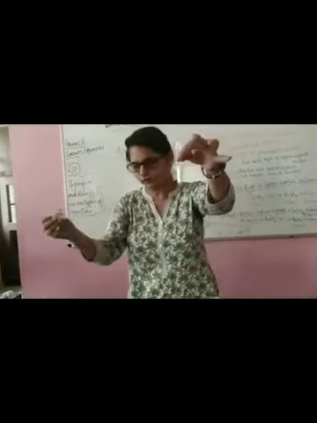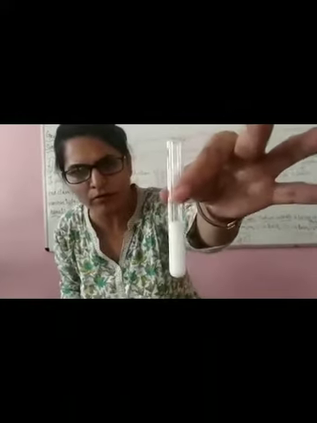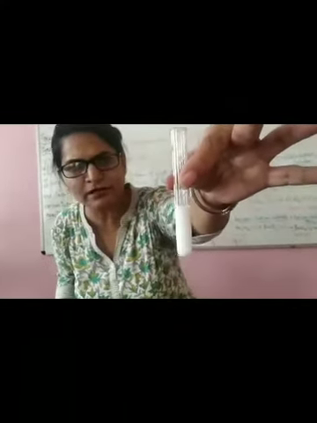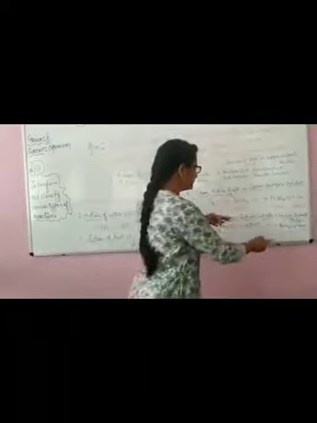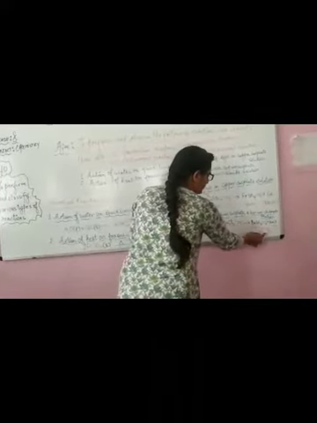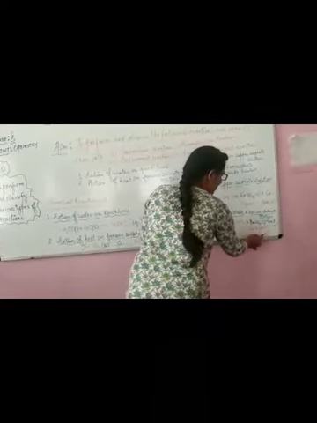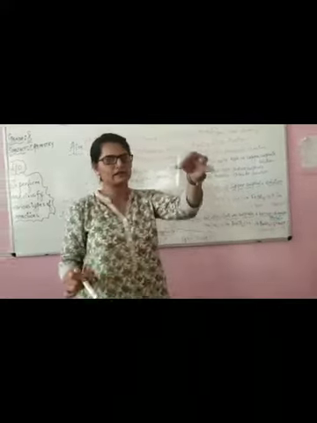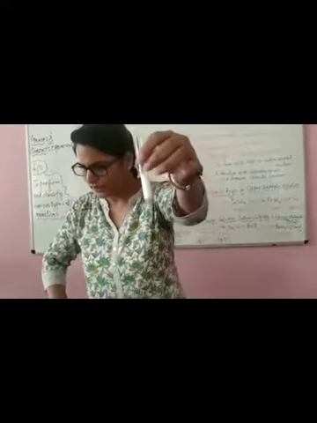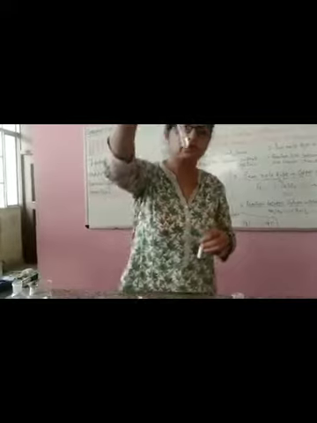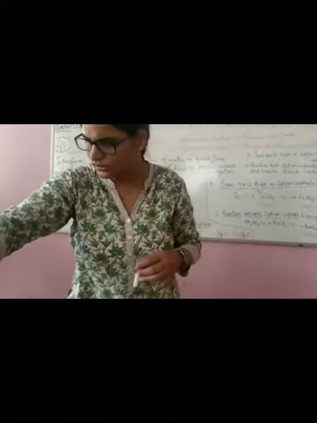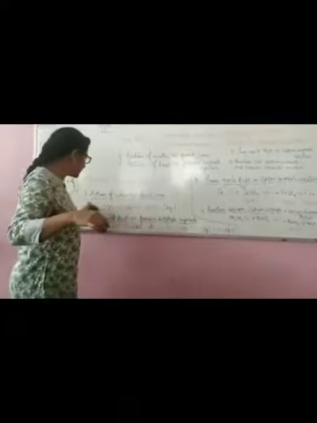So the beautiful white precipitates are formed, and these white precipitates are of the compound barium sulfate. After some time these white precipitates will settle at the bottom and you will get sodium chloride in the solution form.